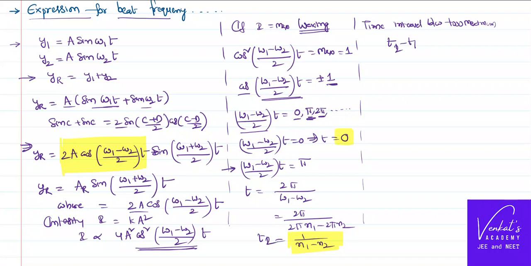If you call this T2 and this T1, that is 1 by (n1 difference n2) minus 0, that is 1 by (n1 difference n2).